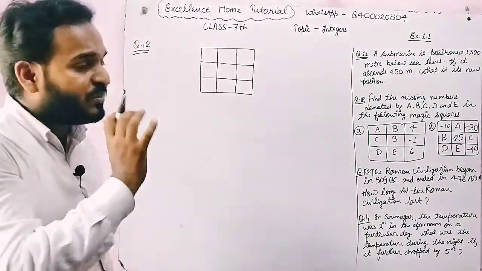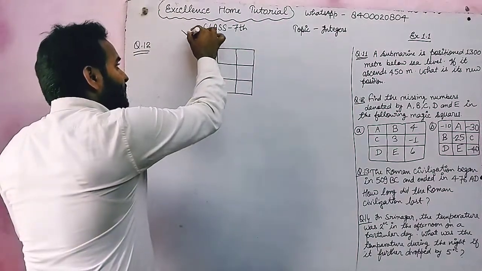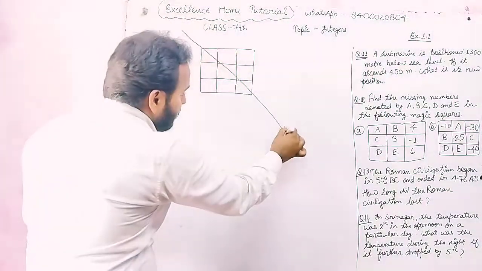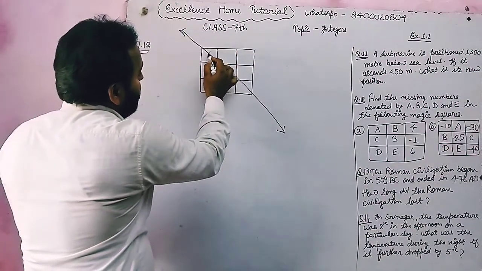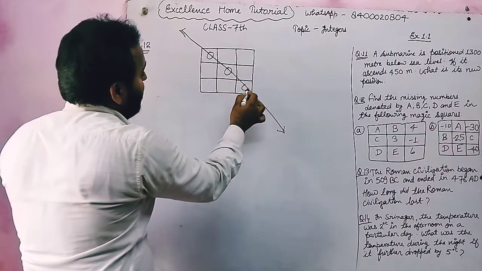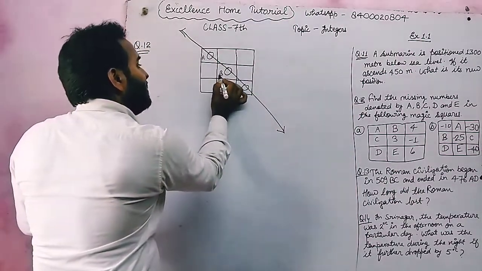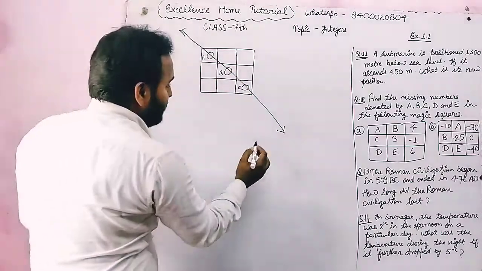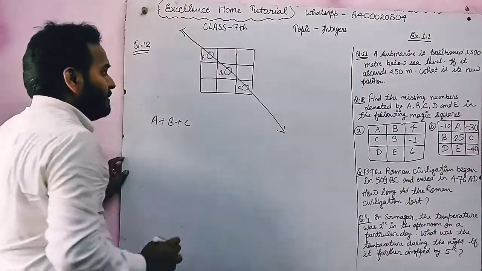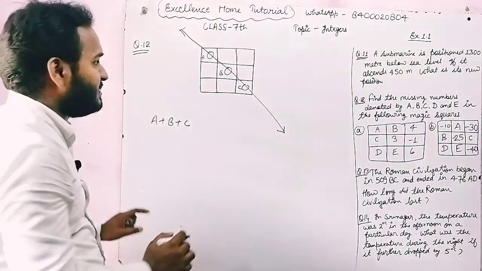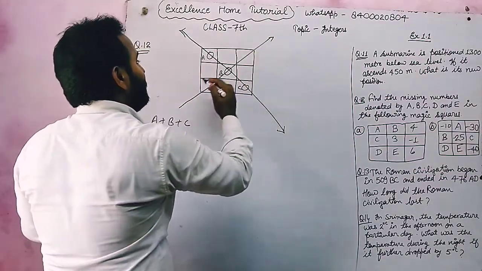A square including numbers is called a magic square when the sum of the diagonally represented numbers, if we represent A, B, C, then the sum is A plus B plus C. That is the first diagonal, and this is the second diagonal.